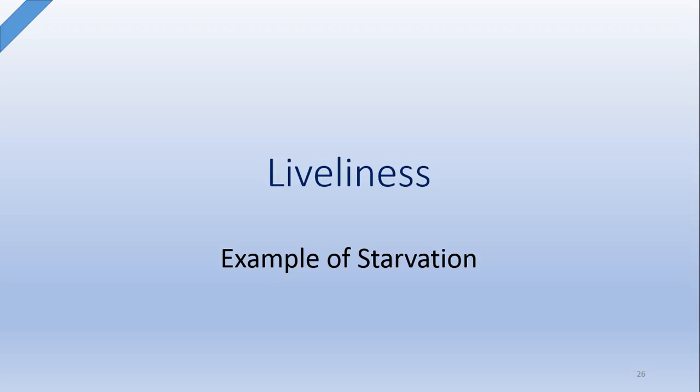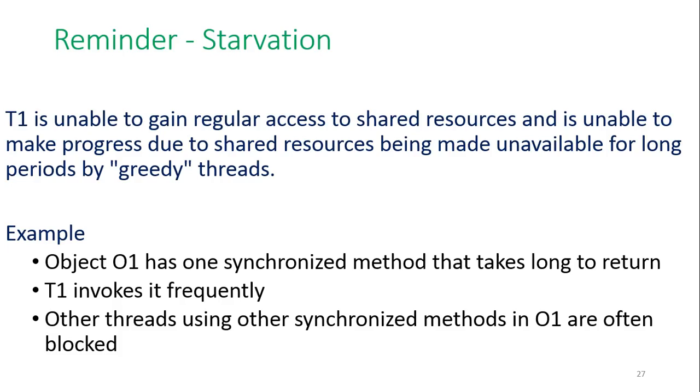So still talking about liveliness, we are going to talk about a second category of problem that impedes the liveliness of a parallel application. So we are going to take an example of a phenomenon known as starvation. Let's try to first define it, a little bit abstractly, and then we're going to look at a real life example of what starvation can be.